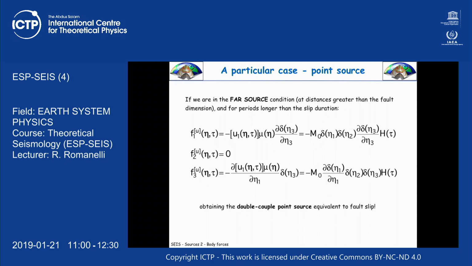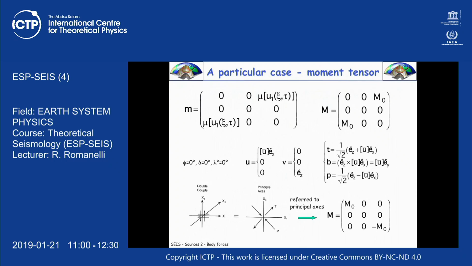So if you want a pictorial version of all this messy thing here, we have many possible ways to represent the same source once we are in a point.